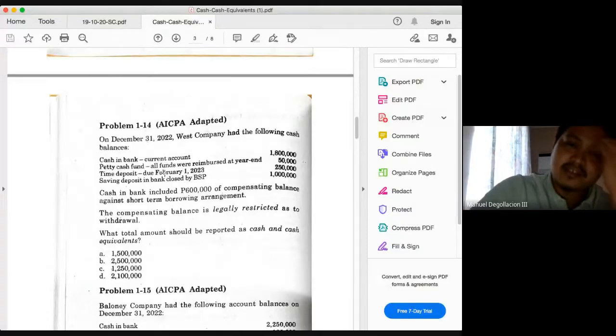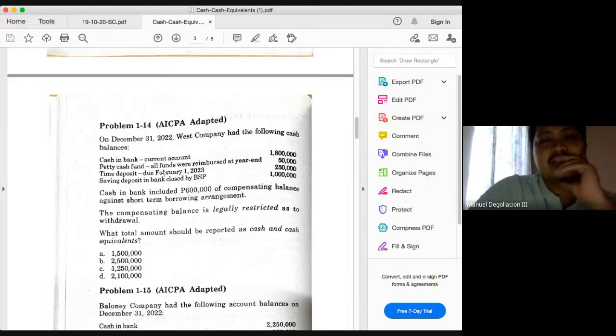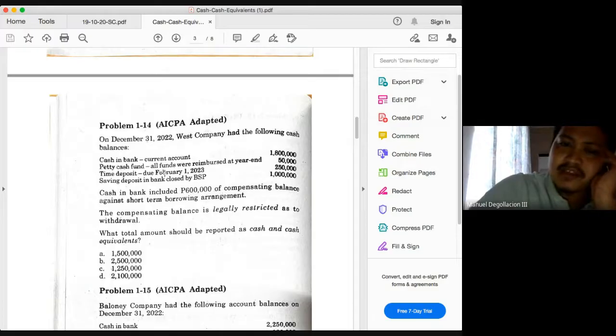Then you would ask, aren't we able to get some of our deposits since most deposits are insured? That's correct, but since the bank was already closed, we cannot immediately on demand get this money. We will have to process our claim.